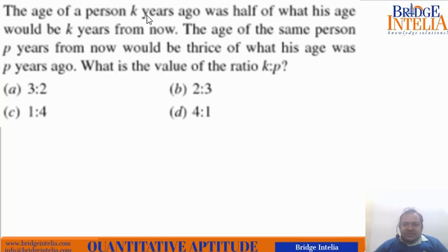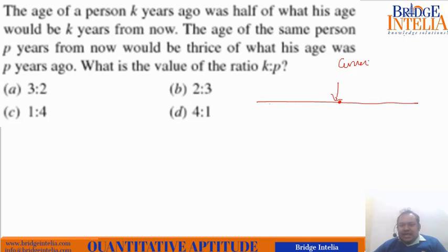The age of a person K years ago was half of what his age would be K years from now. So this question, the age of a person K years ago. Let's suppose this is the current scenario.